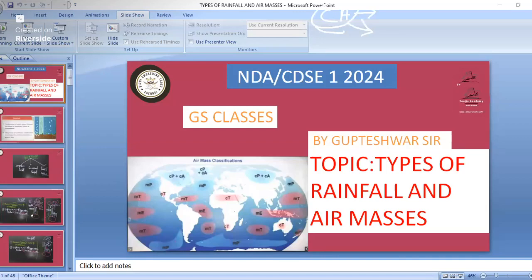So see, maritime polar air mass. Polar means it will be in the polar area. In the full polar region, at 90 degrees, we mostly have snow, glaciers, and ice crystals.